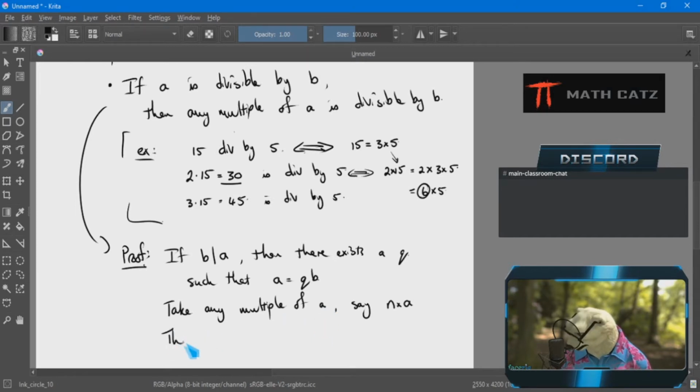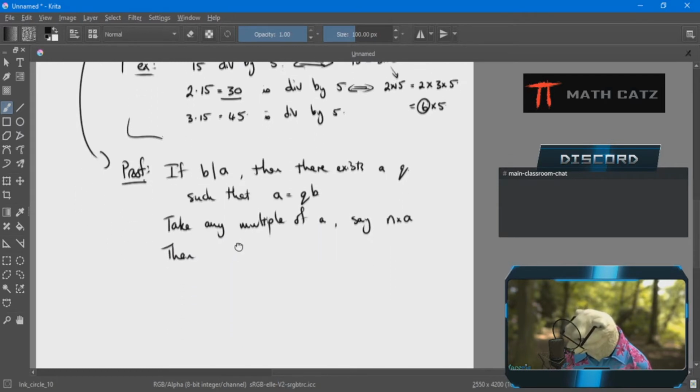Then we can write this new number, N times A, same as we did up here for the 15 and the 5.